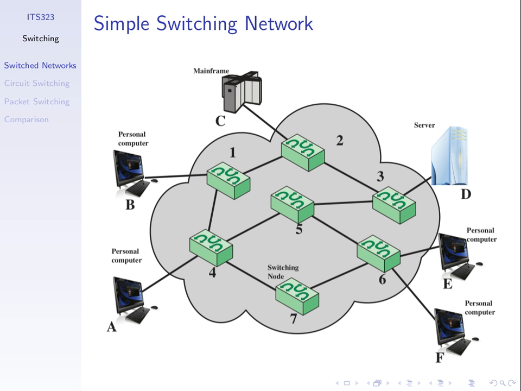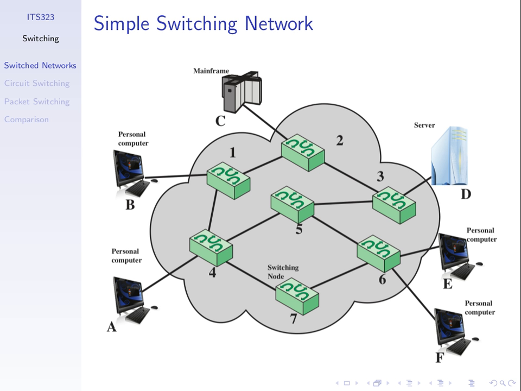We'll refer to these intermediate devices as nodes, more specifically switching nodes, sometimes shortly just switches. The role of these intermediate switching nodes is to deliver the data from one station to another. So A can send the data and reach F via the switching nodes.